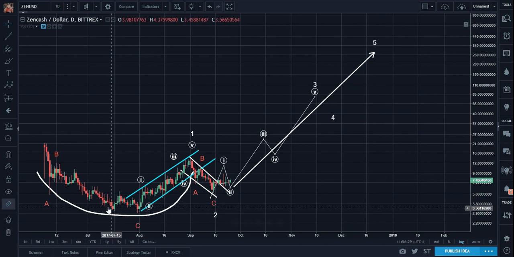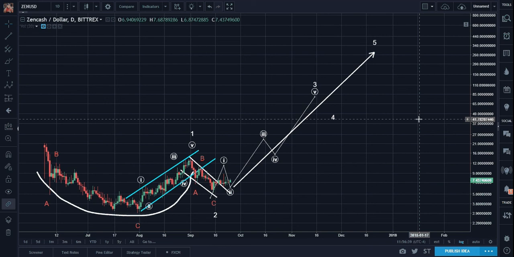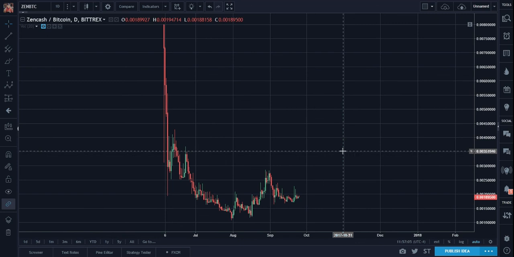I've also said when Bitcoin catches a cold, or when Bitcoin sneezes, the altcoins catch the flu. So this is very bullish, but still, let's keep an eye on Bitcoin. Now here's the Zencash to BTC.